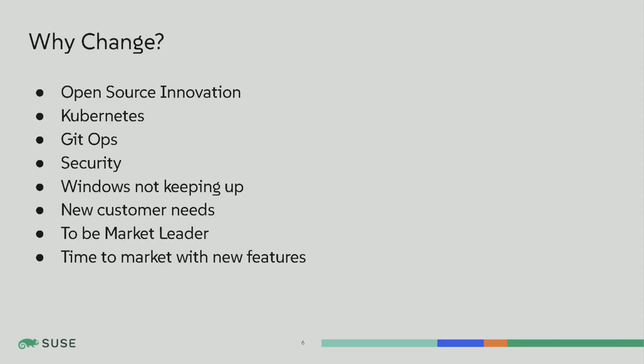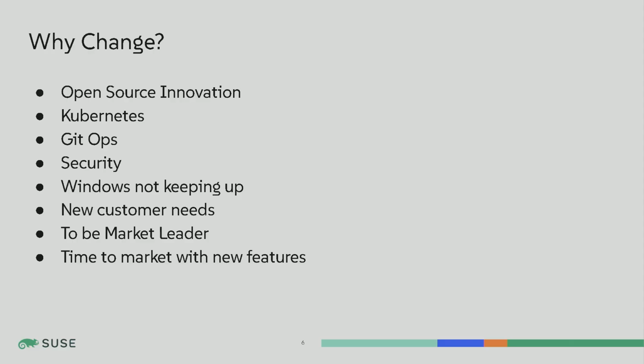A lot of those are things that I'm going, okay, this is why I would do it. But one of the bigger ones is open source innovation. They wanted to be able to refactor their application and really fundamentally change it to run Kubernetes instead of the old school multi-tier SQL Server kind of design.